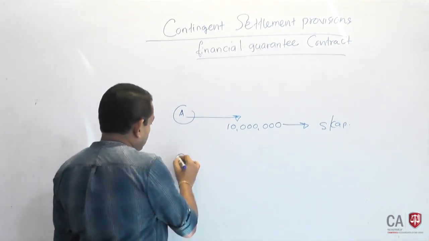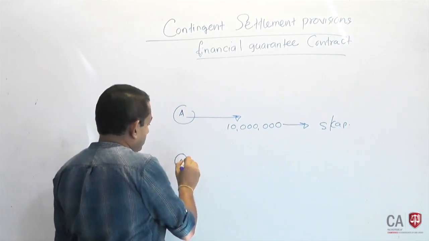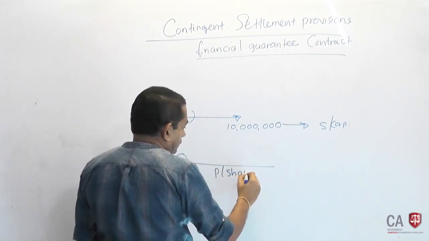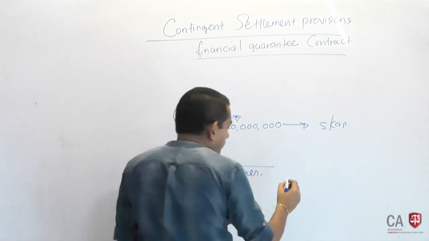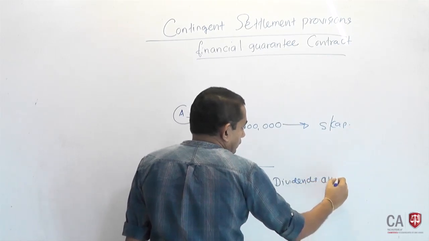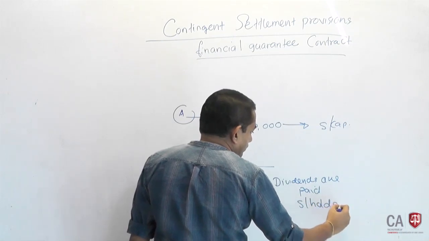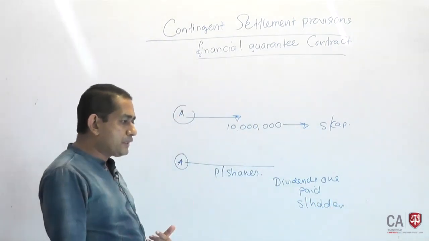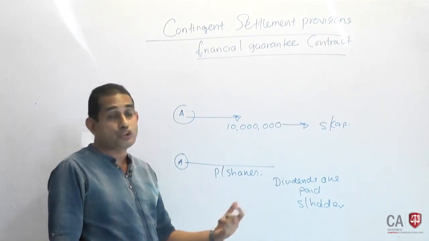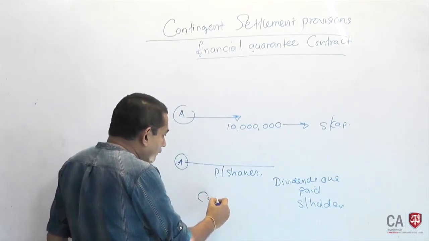Then see, company A has issued preference shares where the dividends are paid at the discretion of the shareholders. It's the shareholders who decide whether to or not to pay dividends, and how much dividends are to be paid. Here the dividends are cumulative.